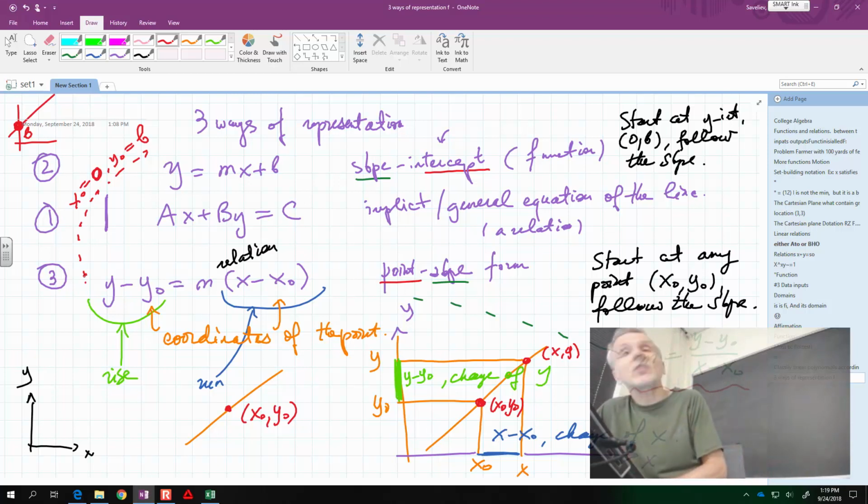And this one is the easiest way to get from one to the other: you just choose the point in the point slope form to be the y-intercept, and you have the original formula. It looks slightly more complicated, but not by much, right? We have an extra term to worry about, and that is x naught. So either you have m and b, 2 parameters, or we have 3: m, x naught, y naught. So that's what the last formula is.